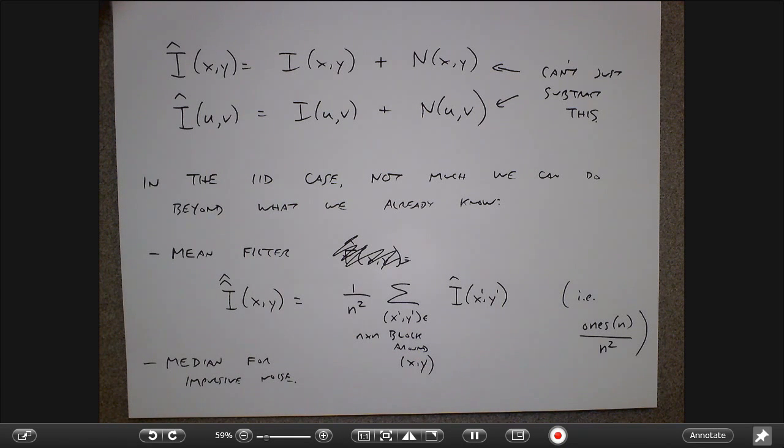We already learned what a good thing to do would be for additive Gaussian noise versus additive salt and pepper noise, right? And unfortunately, there's nothing that mathematically tells me what the right size of filter is to mitigate my noise. This is where I can stop in this case. The more interesting part of the lecture, which I'm going to get to next, is what happens when I've got blur plus noise. In that case, I can do better than this in terms of a principled mathematical approach.